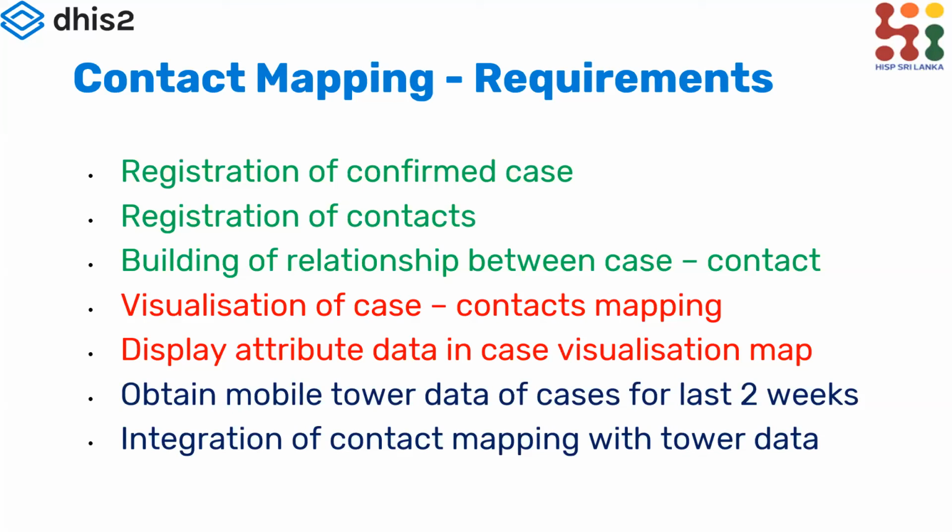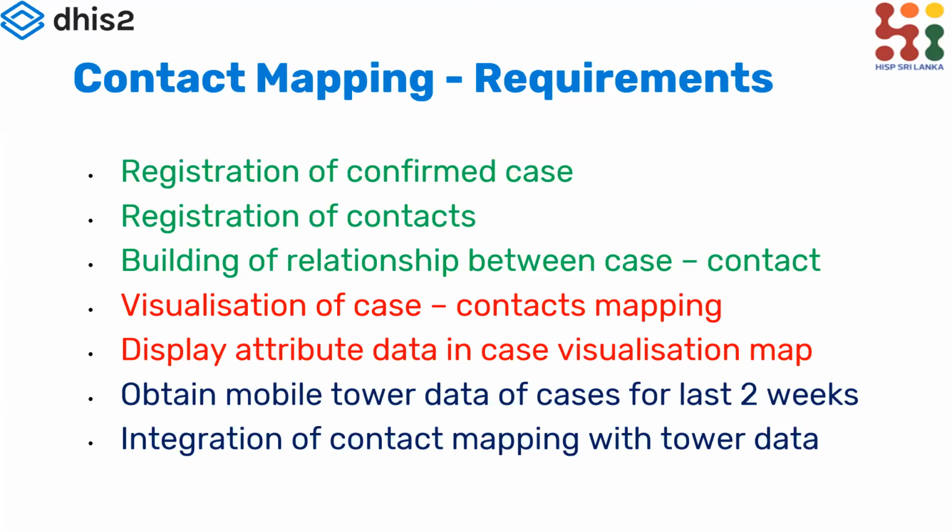And then they had some additional requirements, such as obtaining mobile tower data of the suspected persons, as well as cases where they have traveled during the last 2 weeks, also integrated into this contact mapping application. So basically this had to be integrated, and it was an additional feature.